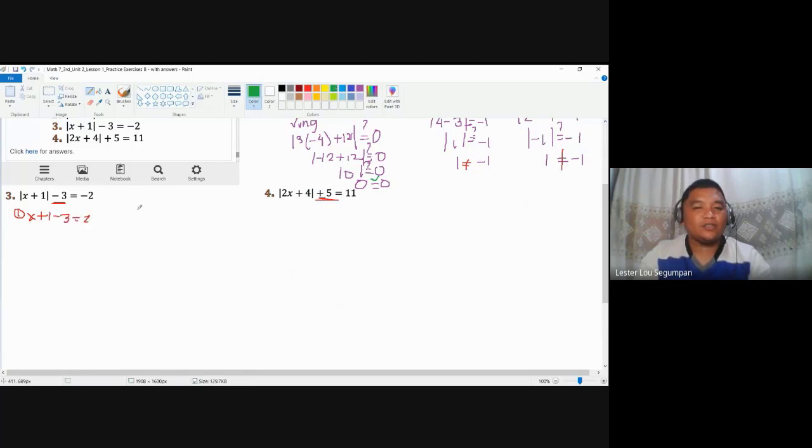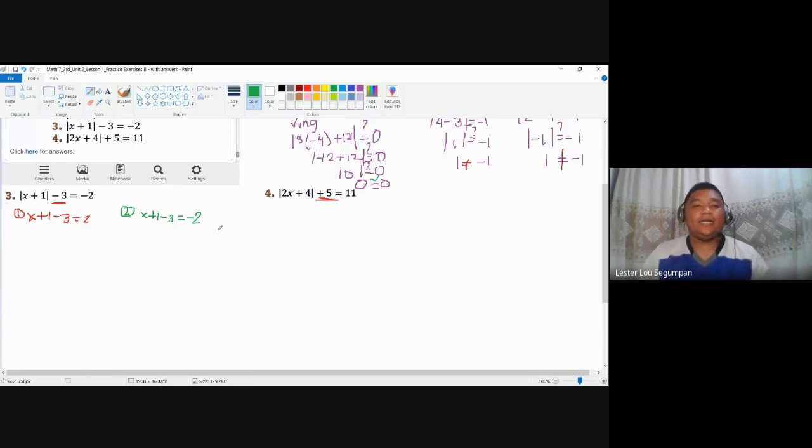And my case 2 should be x plus 1 minus 3 equals the negative of 2, because I only applied the cases. Take the value as positive for case 1, and as negative for case 2. This is one of the biggest mistakes that you may make for number 3 and even in number 4.